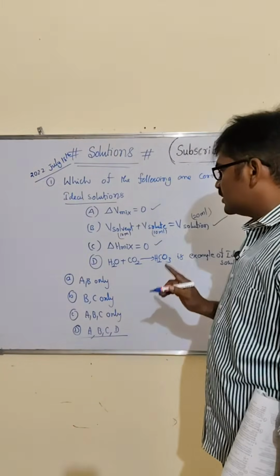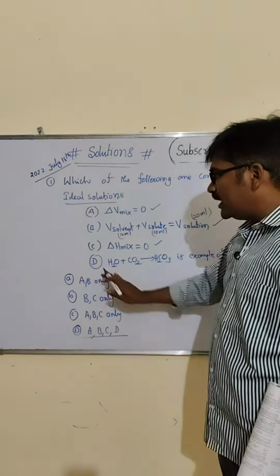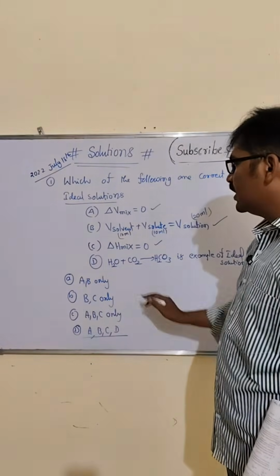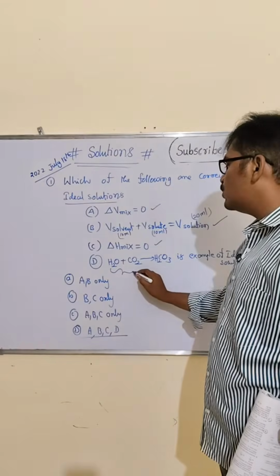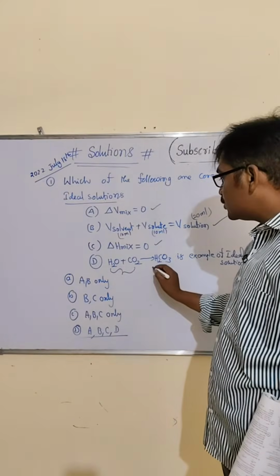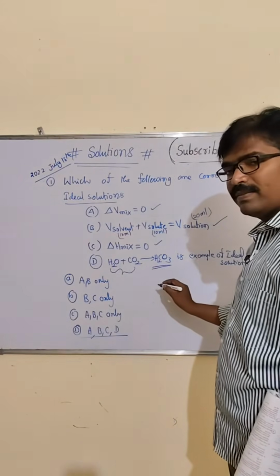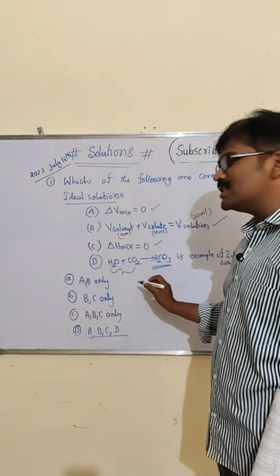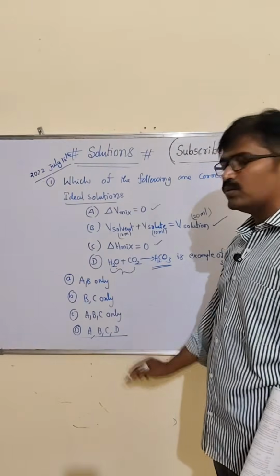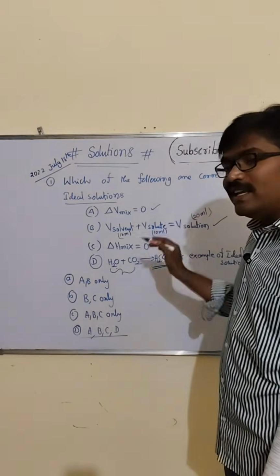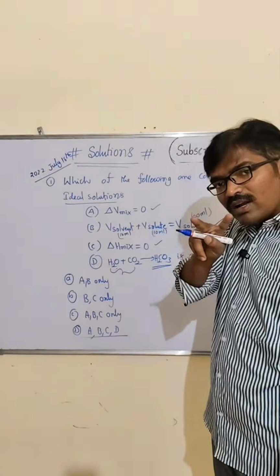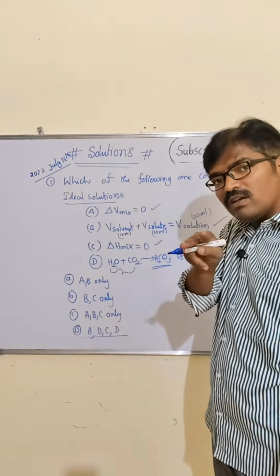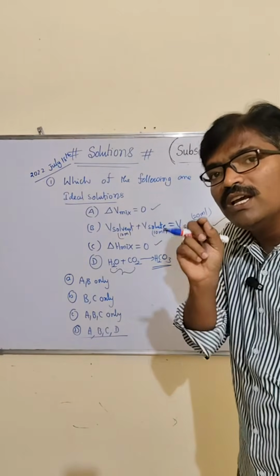Then look at the fourth one, the D option, observe carefully. When H2O and CO2 are both added, H2CO3 is formed. That means a chemical reaction happens between H2O and CO2. I told you the condition that the two components, solute and solvent, should not react with each other.